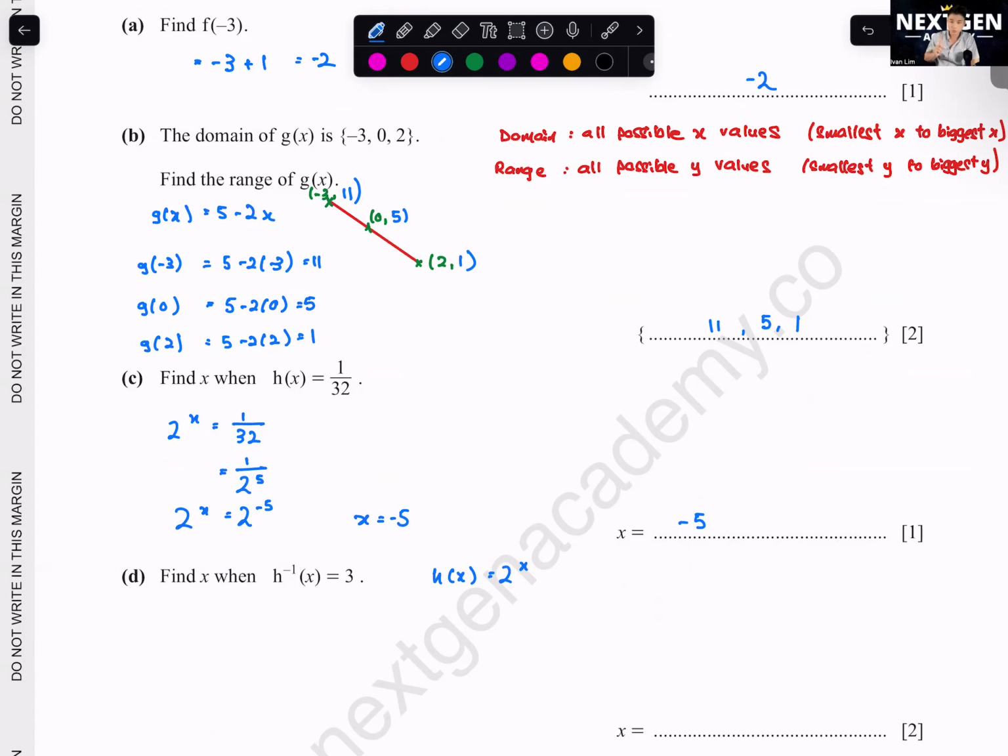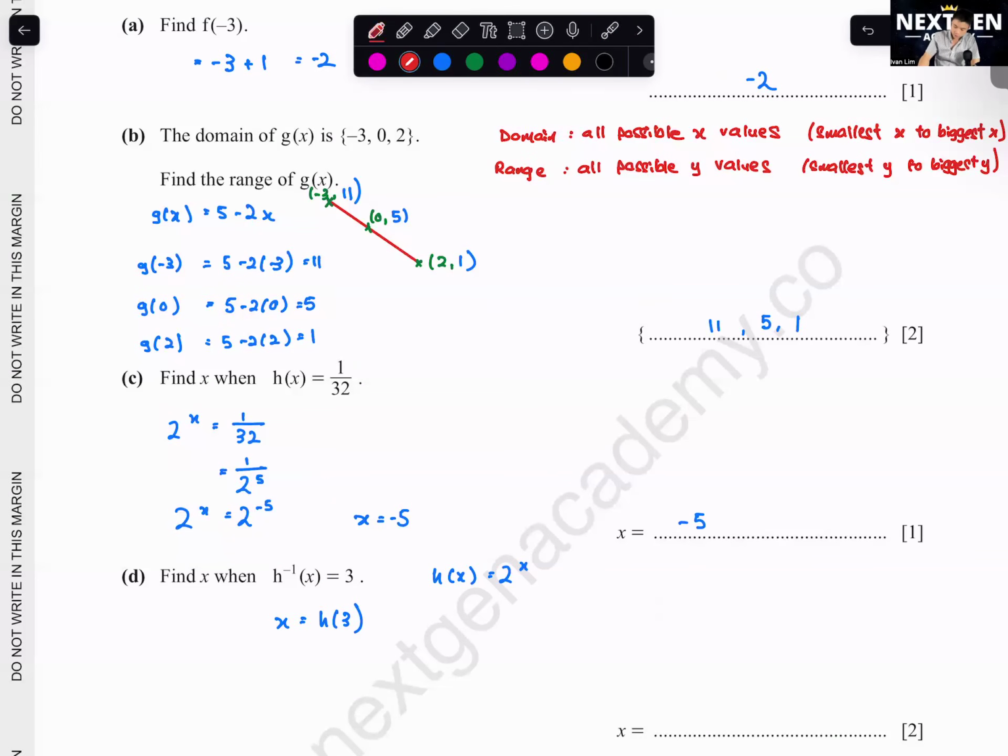When you want to solve an unknown power type of equation, a function that has some sort of inverse, you don't go and find the inverse function of this. Don't go and do this. Very easy only. You inverse the inverse. When you inverse an inverse, you'll get h(3) like that.